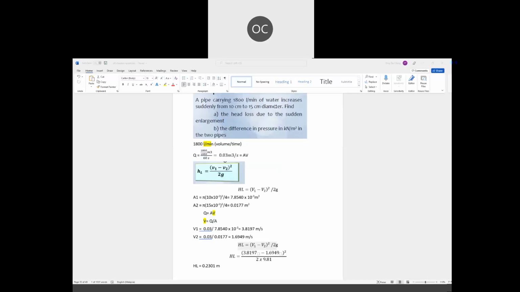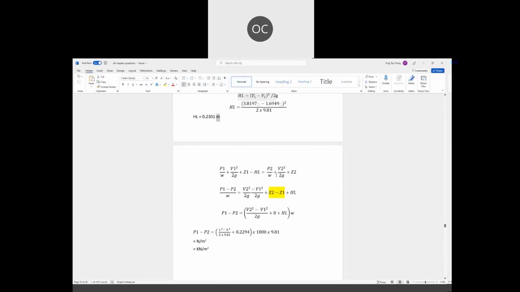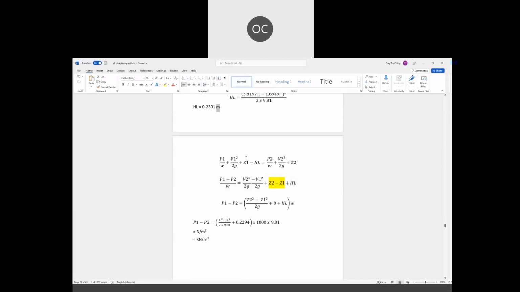Then we move to the second section. They would like you to calculate the difference in pressure. The answer should be in kilonewton per meter squared. As I mentioned previously, you need to correlate the losses here with the energy in and energy out, the Bernoulli equation.